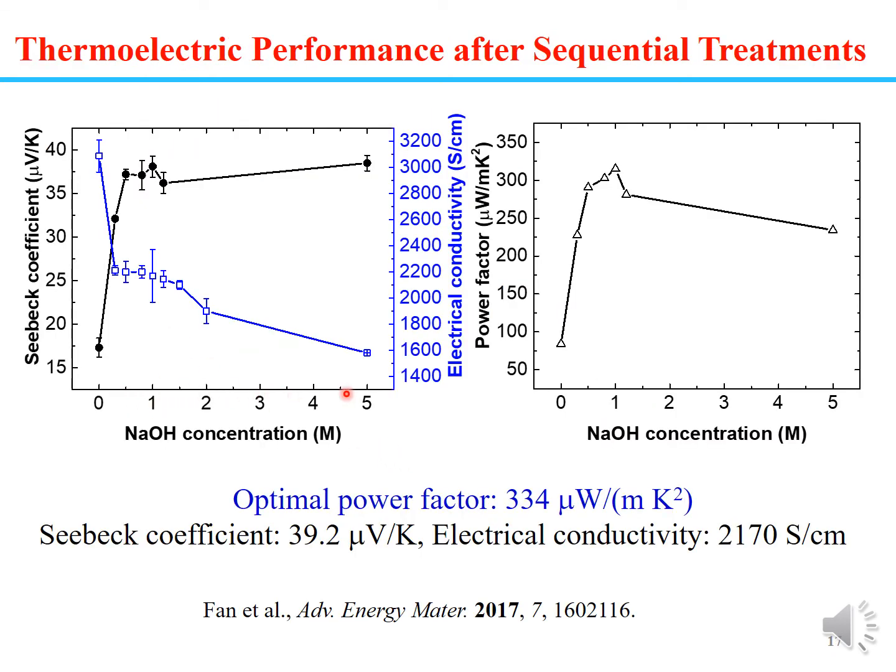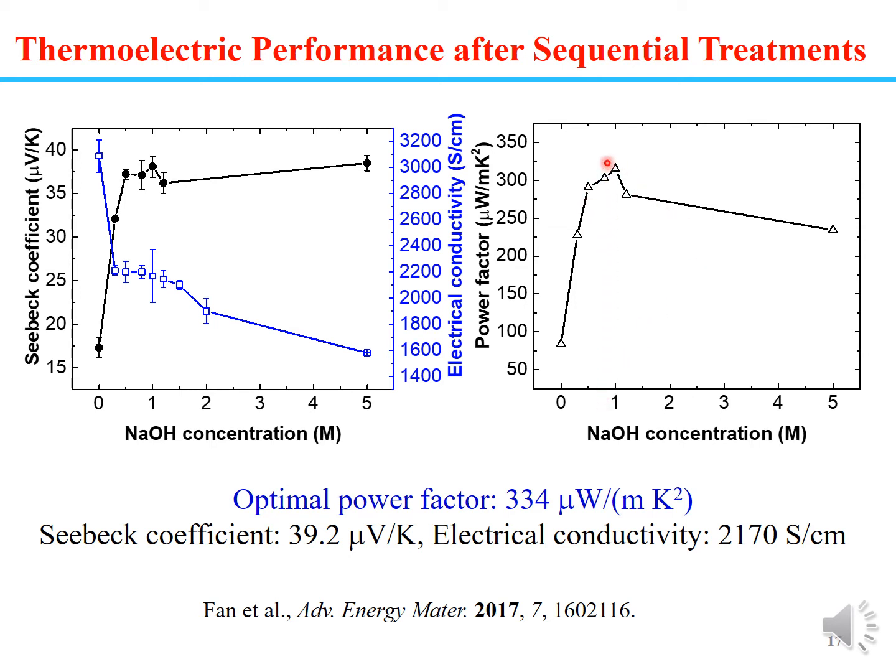This is the dependence of the Seebeck coefficient and the electric conductivity on the concentration of the sodium hydroxide. This can increase the Seebeck coefficient but decrease the conductivity. This is the power factor.